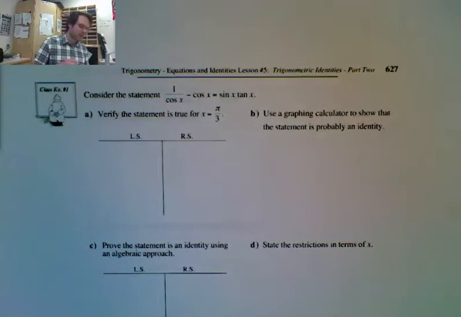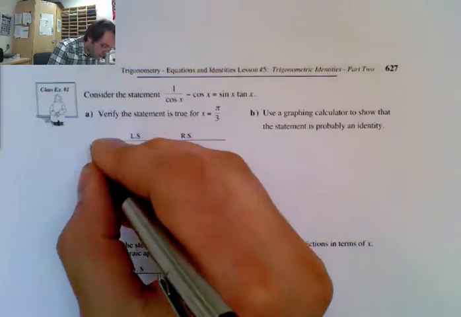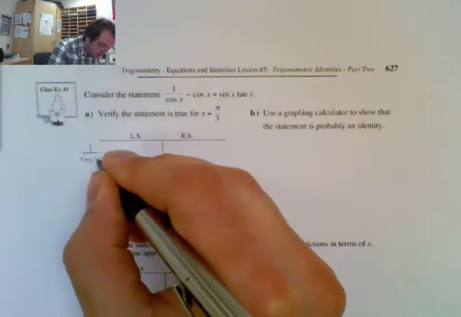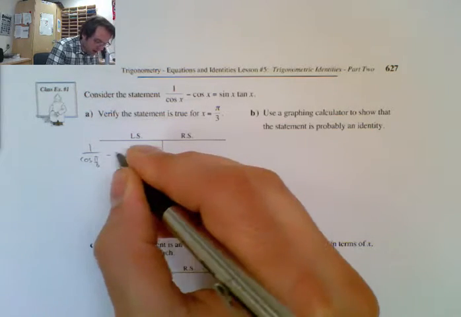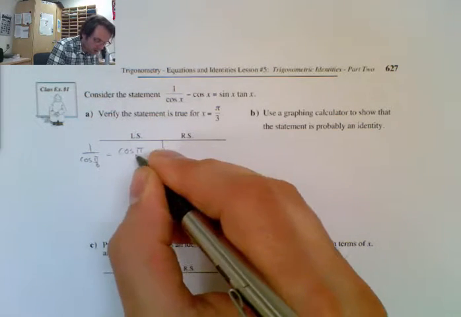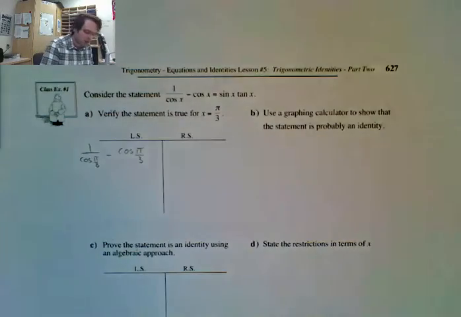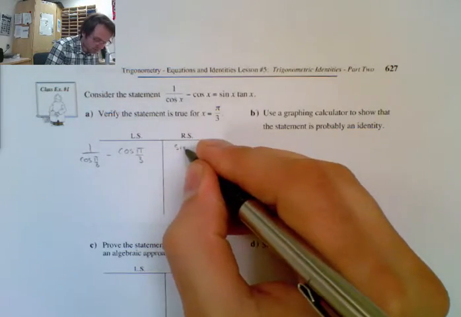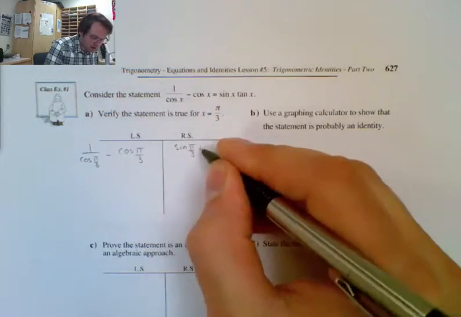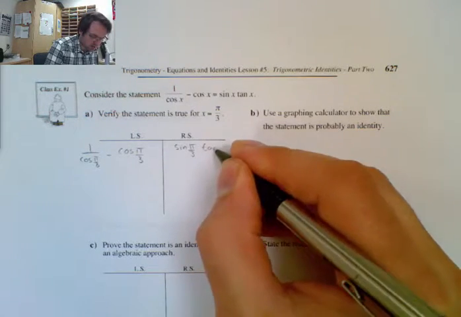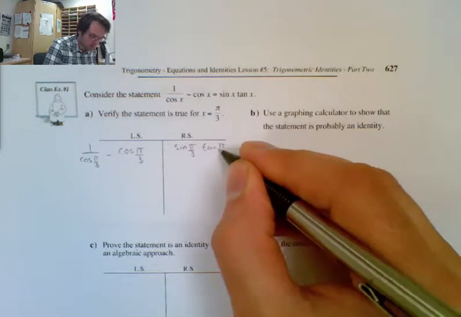Classroom example number 1 says: consider the statement 1 over cos x minus cos x is equal to sine x tan x. First it wants us to verify the statement for pi over 3. So my left side is 1 over cos pi over 3 minus cos pi over 3, and my right side is sine pi over 3 multiplied by tangent pi over 3.